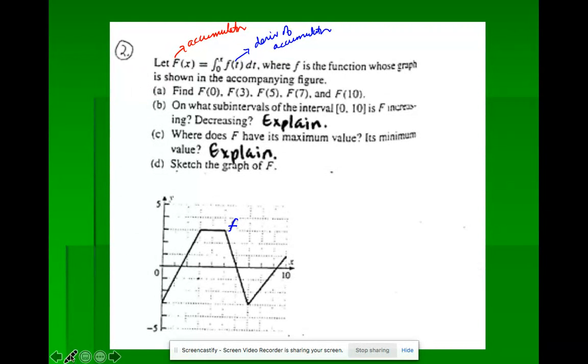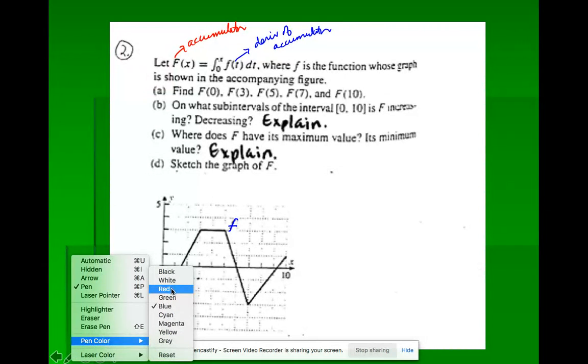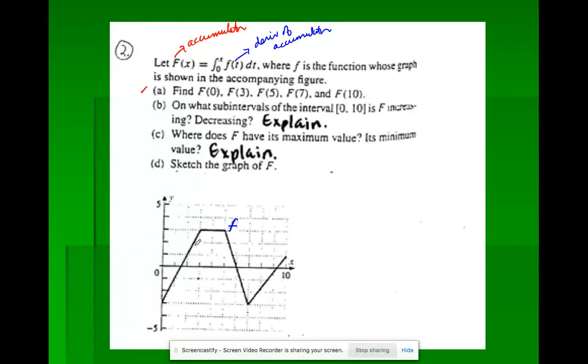Notice that part A is asking me to actually calculate. What's different about this graph than the first example is that you've got geometry and boxes to count. So capital F of 0 means start at 0, and tell me the integral from 0 to 0. Going nowhere gets me 0.